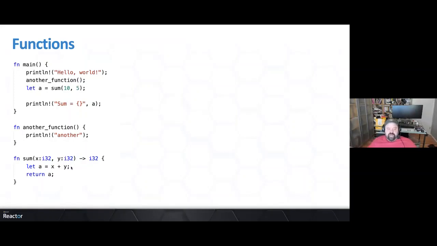Statements don't have return values, and therefore this will return the unit structure instead of the expected i32, and the Rust compiler will be like, hey, what are you doing? So you either have to explicitly use a return statement or just have a final function that's an expression that represents the return value.